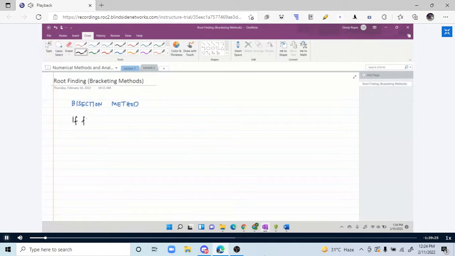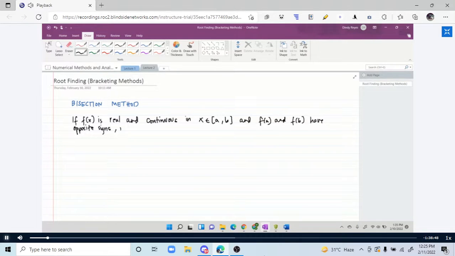So if f of x is real and continuous in x, which belongs to the interval from a to b, and f of a and f of b have opposite signs, meaning one of them is positive, the other one is negative.